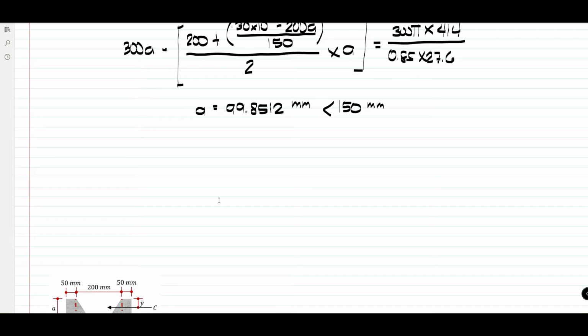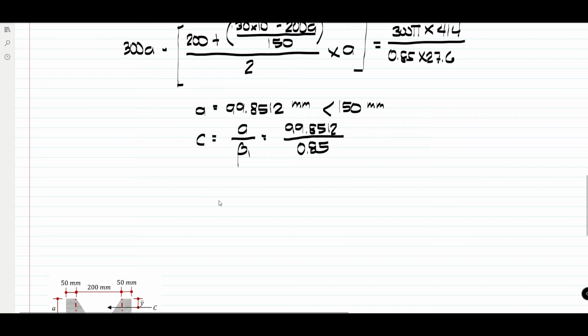So ngayon kunin muna natin yung value ng C. So the value of C will just be equivalent to the A over beta 1. So that is equal to 99.8512 divided by our beta 1 will be 0.85, since hindi naman lumalagpas ng 28 yung F prime C natin.